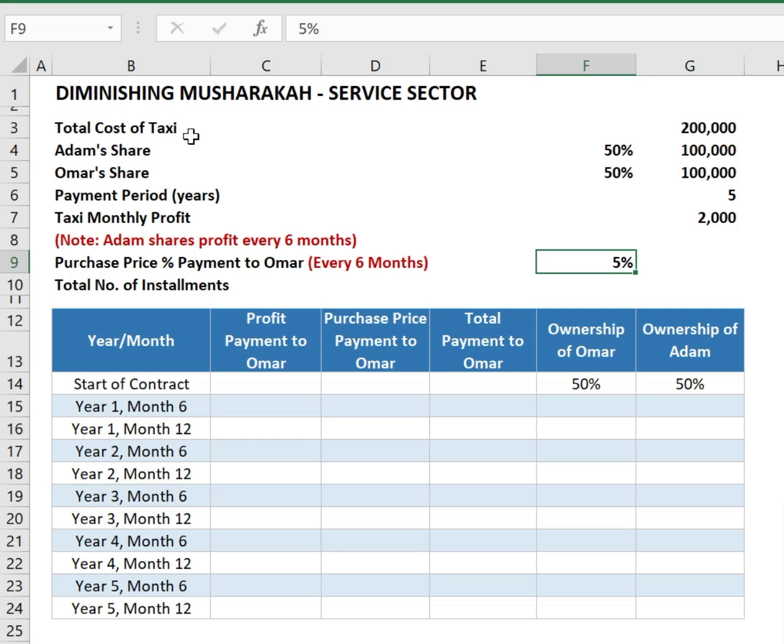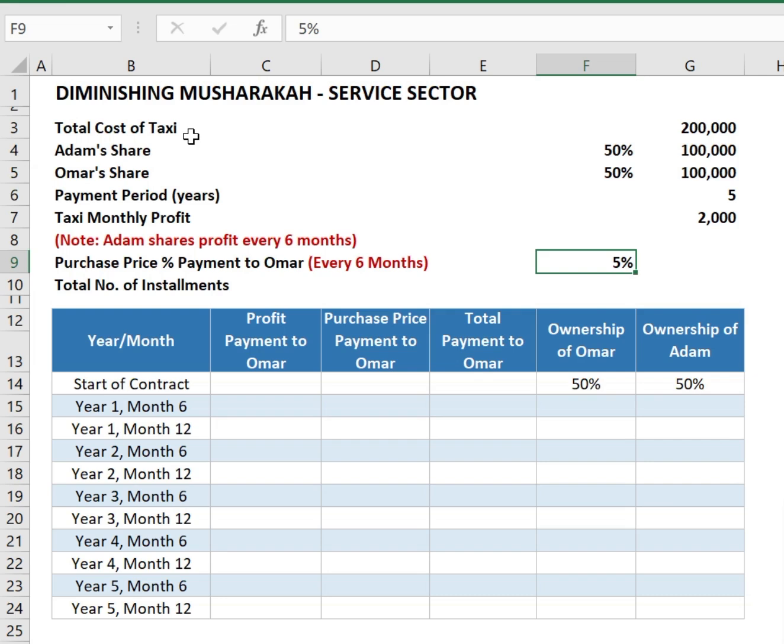The objective is to increase Adam's share so that at the end of the contract, Adam acquires full ownership over the taxi, while Omar's share is reduced to 0.